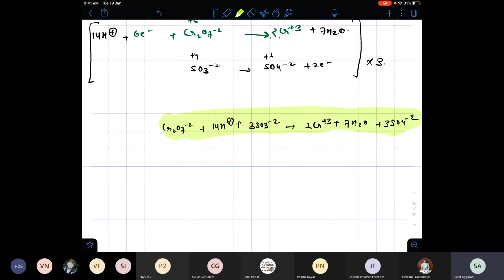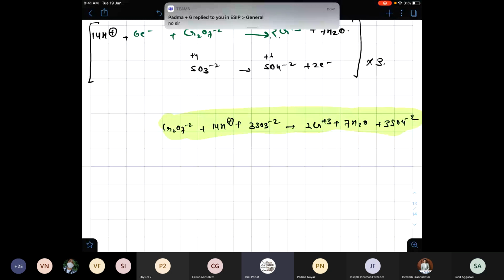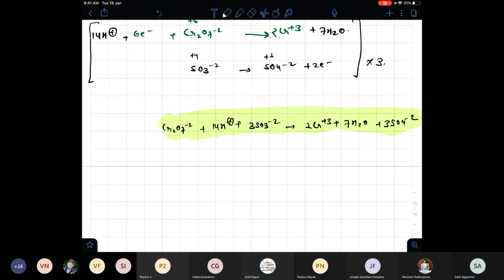So you're multiplying 3 by the second equation only, no? Yes. Then only it will become 6 and 6 and 6 will cancel out. Understood?